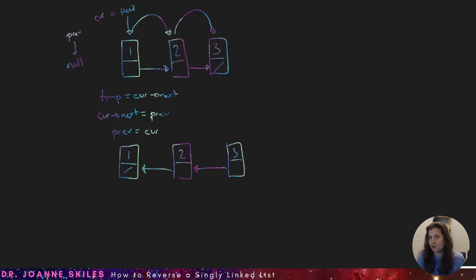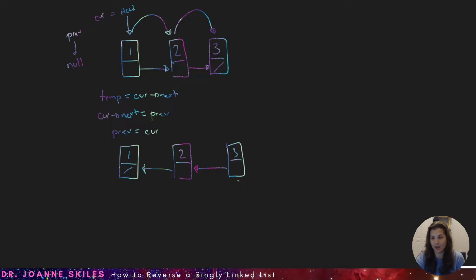So when we update now our current equal to our temporary, which was null, that's how we're going to know to break out of the loop. So our current is now null. We've reached the end of our list. We can break out. And if we look, we've successfully reversed our list.